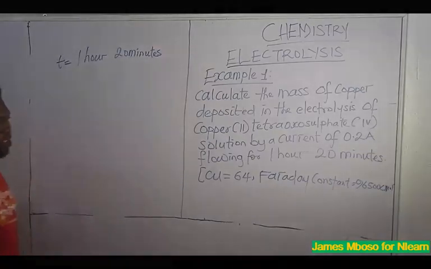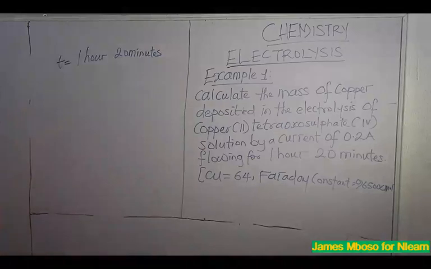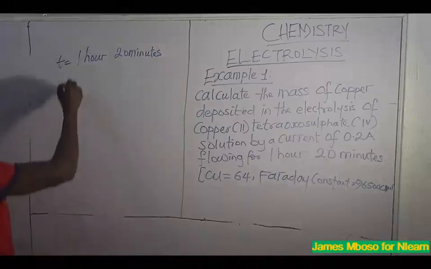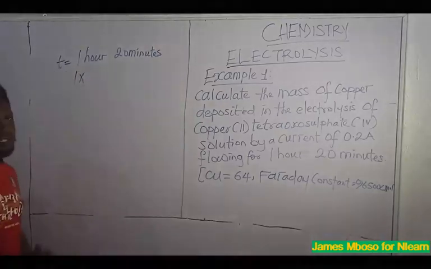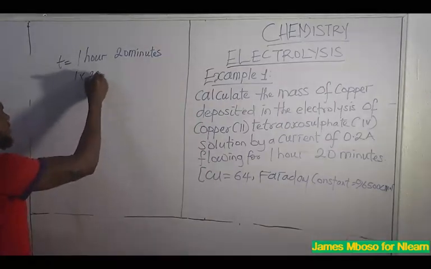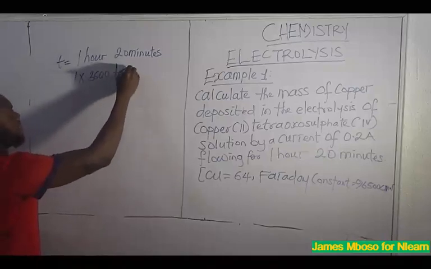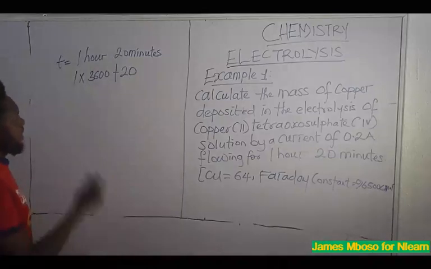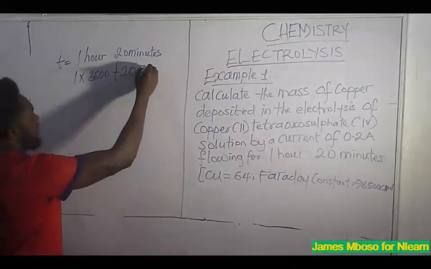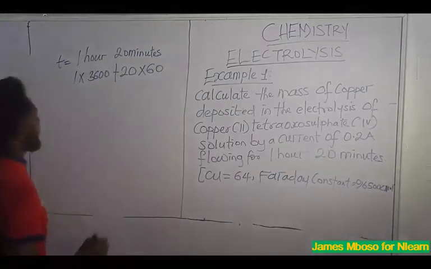At this junction, we have to convert our time to seconds. We have 3,600 seconds in an hour, and 60 seconds in a minute. So 20 times 60.